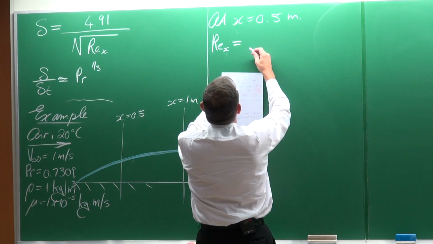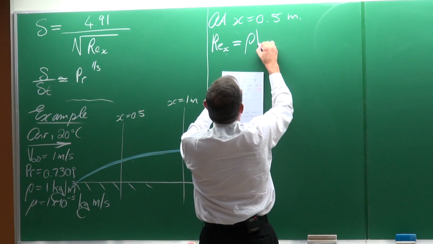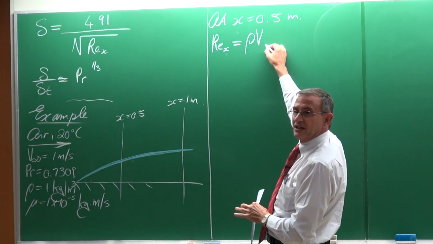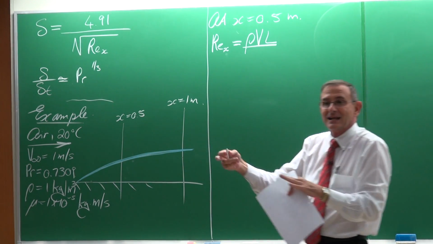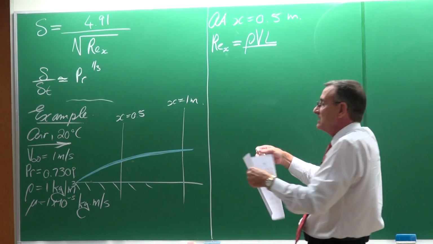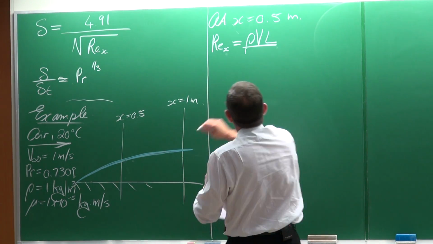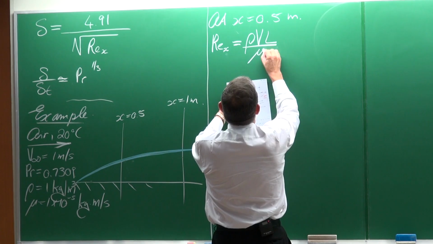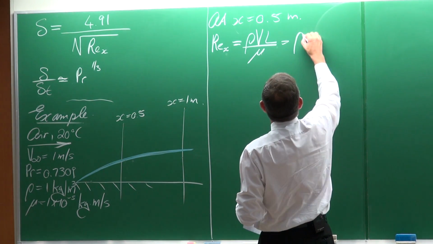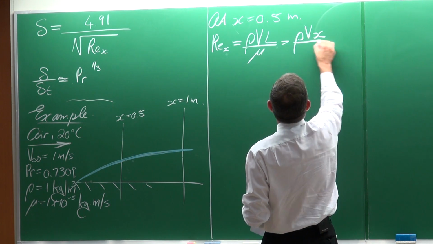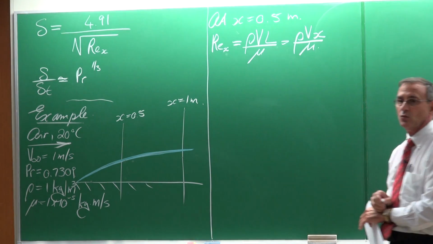So the Reynolds number is equal to rho V. Normally we would write diameter. In this case, it is the characteristic length, which is now the length of the plate, or the length where we actually want this, divided by the viscosity. So you can write it like that, or you can write it as rho Vx divided by the viscosity, just as you want.